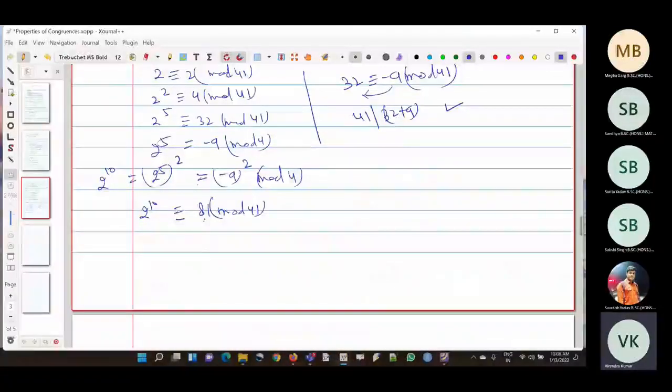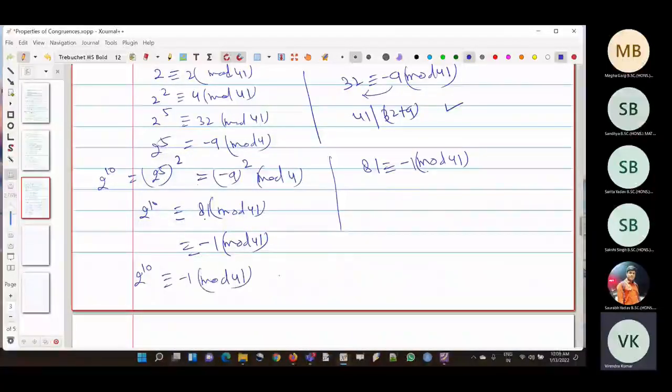But this is also a little bigger number, so we can write this 81 as minus 1 modulo 41. Now this becomes easy. 2 to the power 10 is congruent to minus 1 modulo 41.